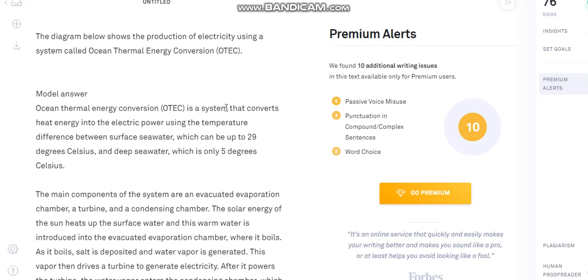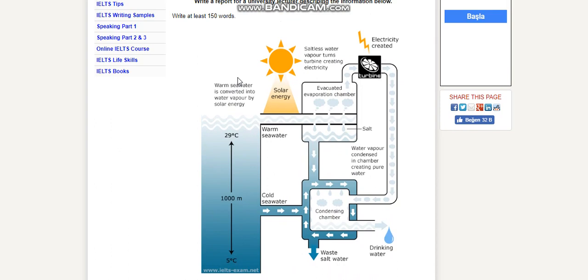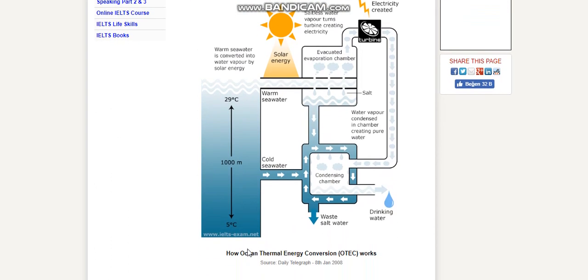Ocean thermal energy conversion is a system that converts heat energy into the electric power using the temperature difference between surface seawater, which can be up to 29 degrees Celsius, and deep seawater, which is only 5 degrees Celsius. Okay, so describe the function of that ocean thermal energy conversion.